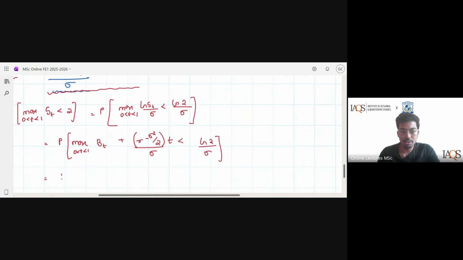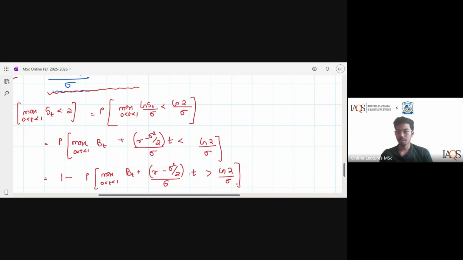Easy, I'll do 1 minus, which will give me greater than sign over there. So max over 0 to 1 of Bt plus (r minus sigma square by 2) divided by sigma into t greater than ln 2 by sigma. Fair enough. Less than, I wrote it as 1 minus greater than.